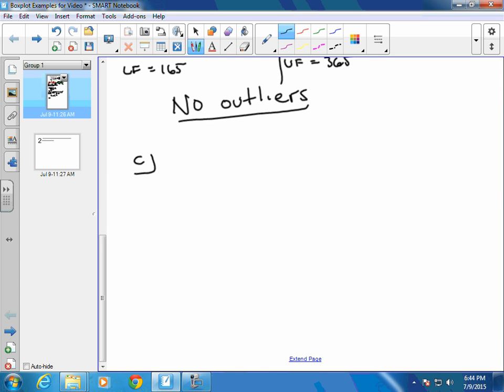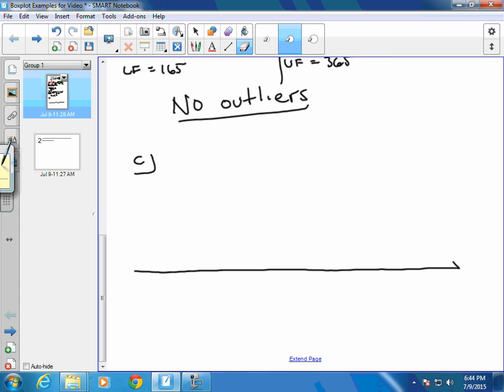All right, now that we know there are no outliers and we have our 5-number summary, we are ready to do the box plot. All right, to start the box plot, I'm going to get a number line going on here. And I want to scale the number line to make sure everything fits in.